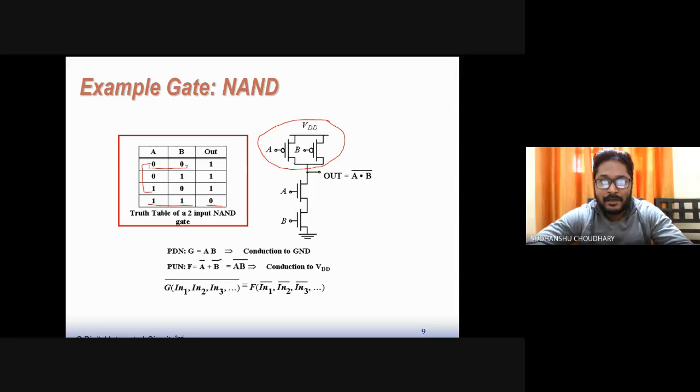When both the PMOSes are on, both will work to charge the output capacitance, so the output capacitance can be charged quickly. So TPLH will be smaller in comparison to these two cases, where only one of the transistors is on. So that is one of the things one has to remember: the input pattern can change the delay.